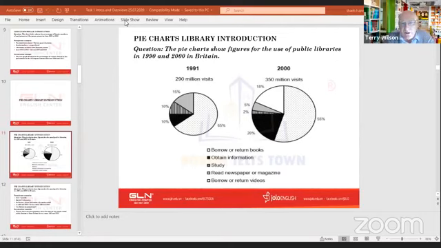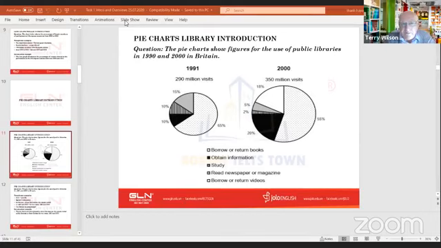Occasionally you get 3 or 4. I've even seen one with 6, but nearly always it's 2 pie charts. This one's a little bit unusual because it has a time period. Most pie charts are basically the same year. But when it comes to writing the introduction, that doesn't really make much difference to what you do.